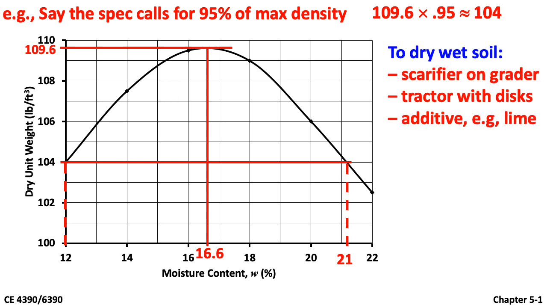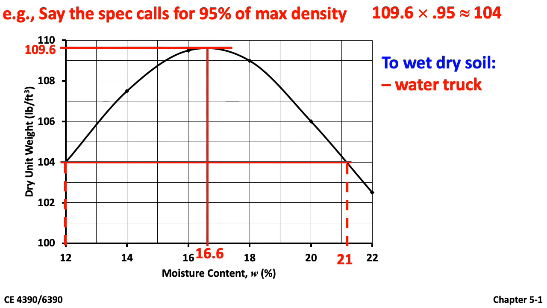If the soil has too much water, or the moisture content greater than 21%, you need to dry the wet soil by using a scarifier on a grader or a tractor with discs, or additive solutions such as lime. If the soil is too dry, you can use water trucks to wet the soil.